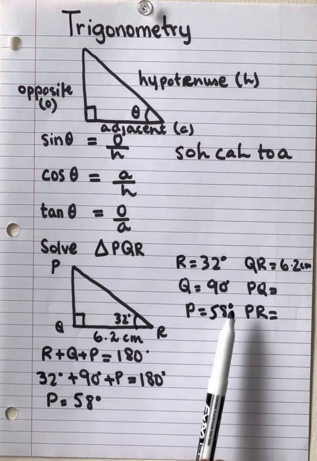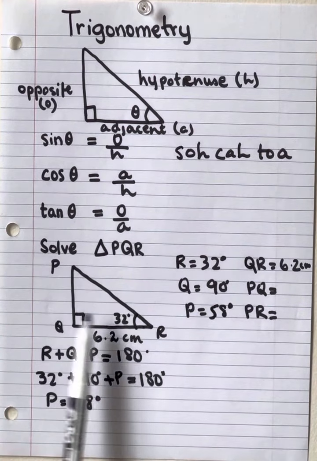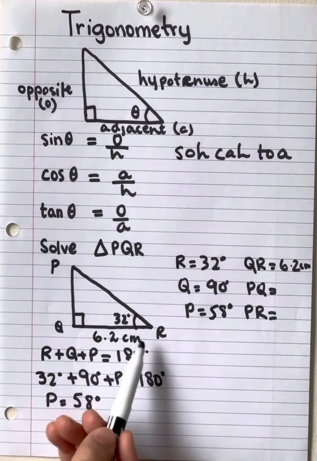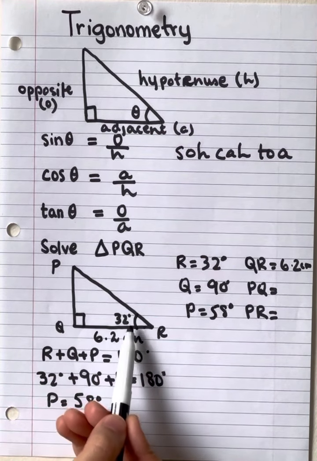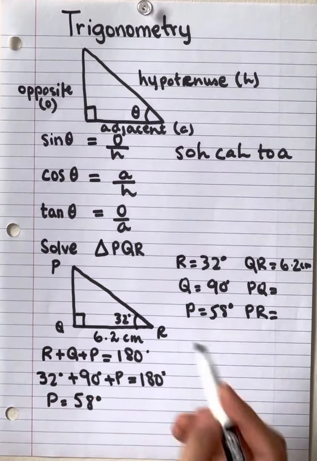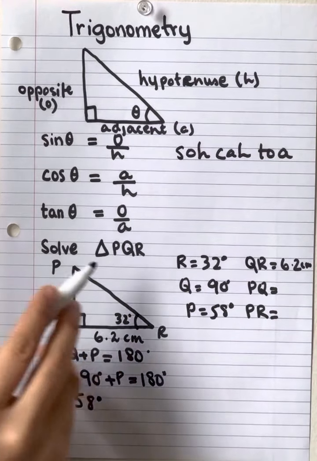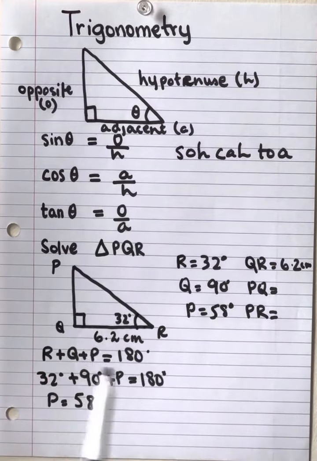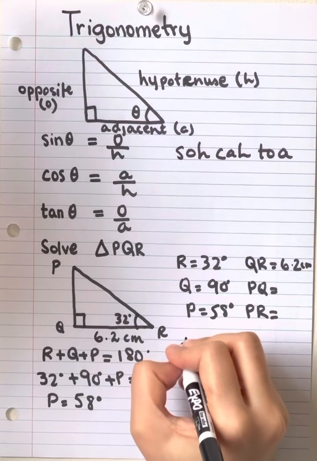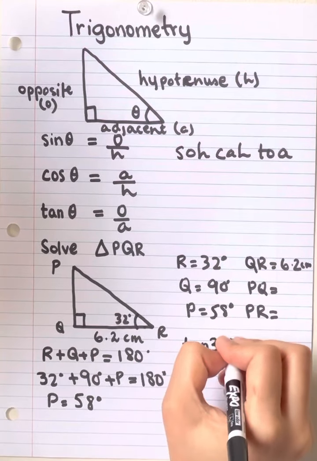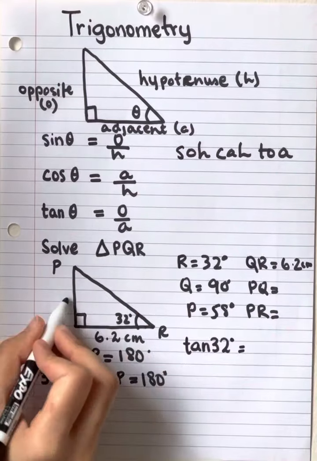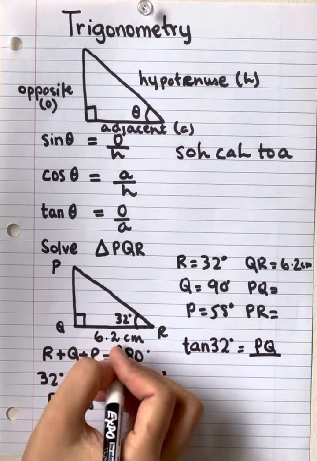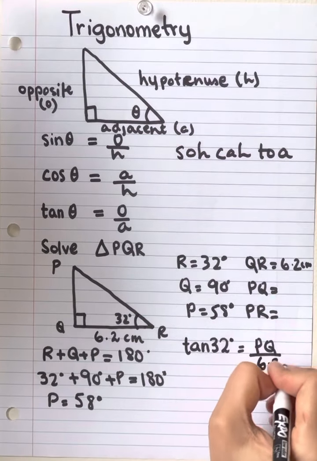Now we have to find our length PQ. How can we do that? We know our adjacent, and we know our angle. So here we can use tangent. So we're going to use tangent 32 degrees is equal to opposite, which is PQ, which we need to find out, over adjacent, which is 6.2 centimeters.